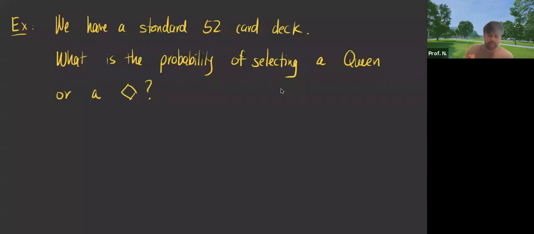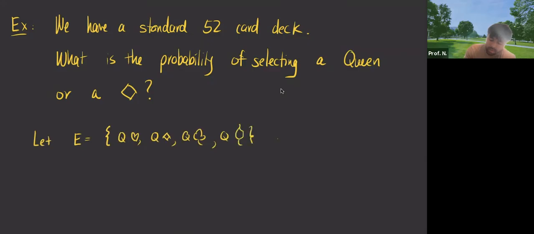We already let E be the selecting of a queen: the queen of hearts, the queen of diamonds, the queen of clubs, and the queen of spades. Now, what's the issue, or what do you see? Right, Saring? Queens can be diamonds.